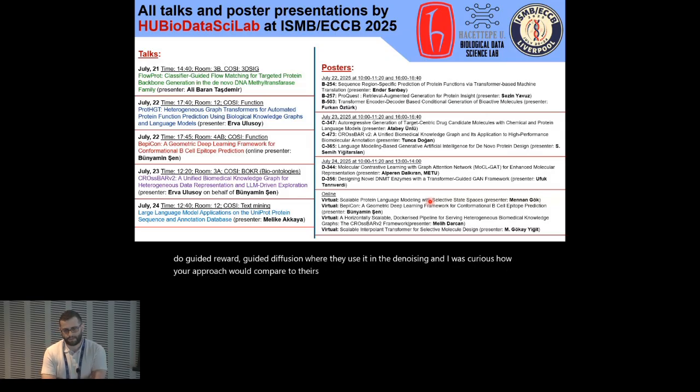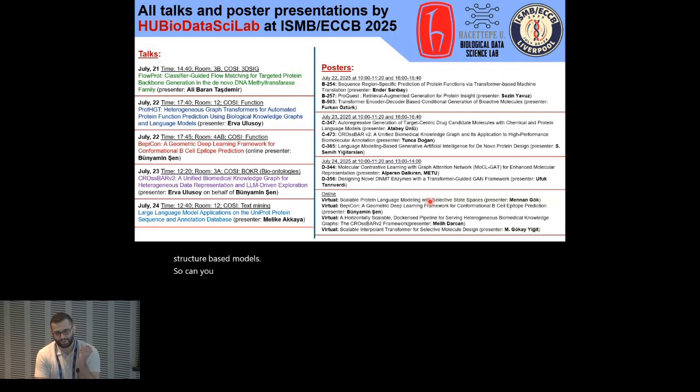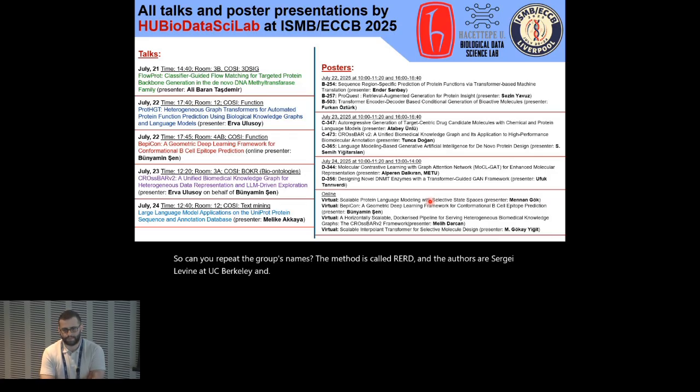They also do sequence design, and then they score it using structure-based models. Can you repeat the group's names? The method is called RERD, and the authors are Sergey Levine at UC Berkeley and Aviv Regev, who's at Genentech. No, I haven't heard of it, but I will definitely check it after. Certainly worth looking at. Thank you so much.